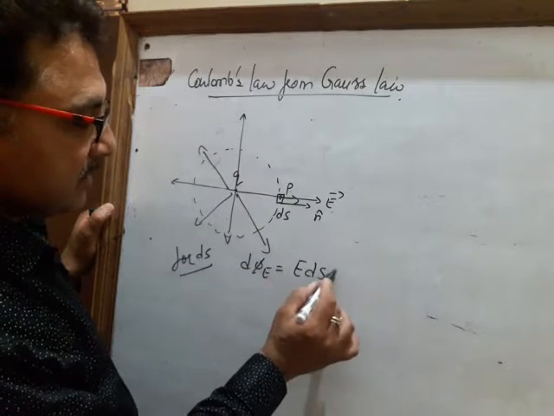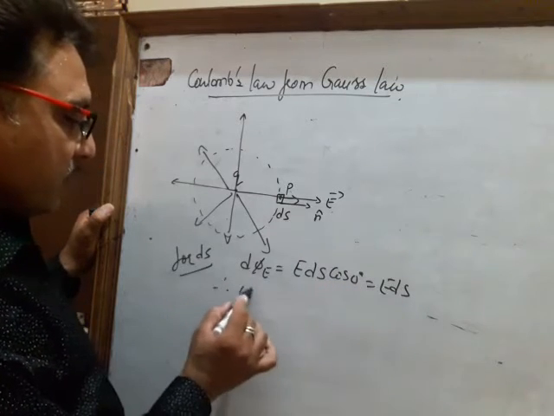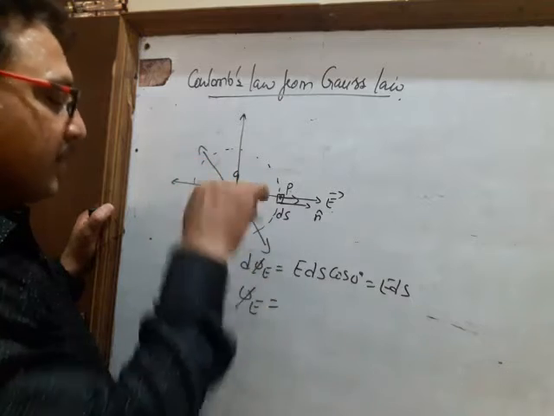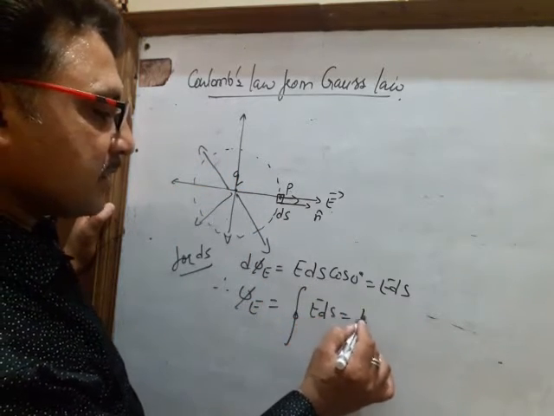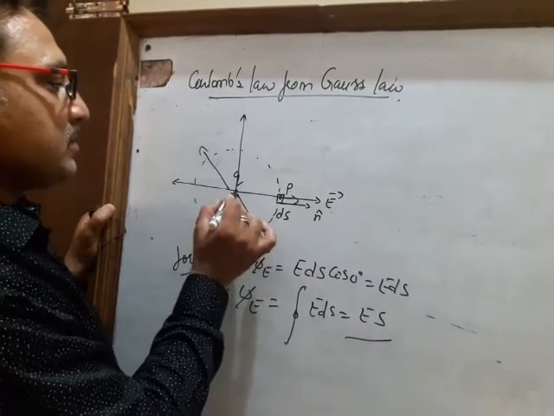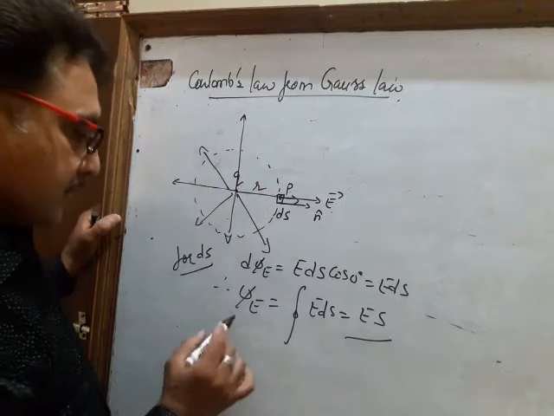E ds cos 0, that is E ds. Therefore, phi, if I talk about the whole sphere, the surface integral of E ds turns out to be E S. And suppose the radius of this sphere is small r.